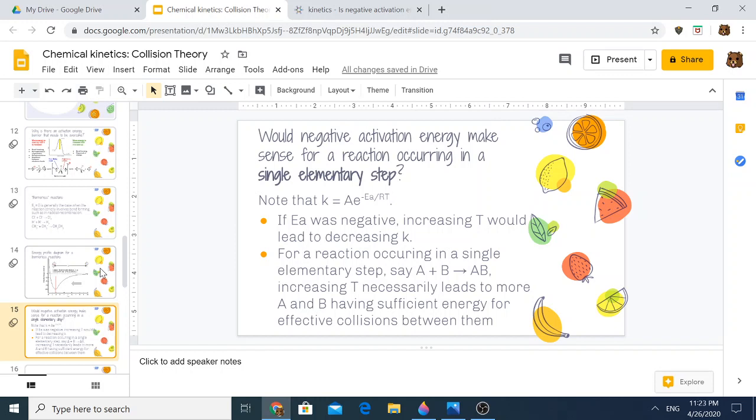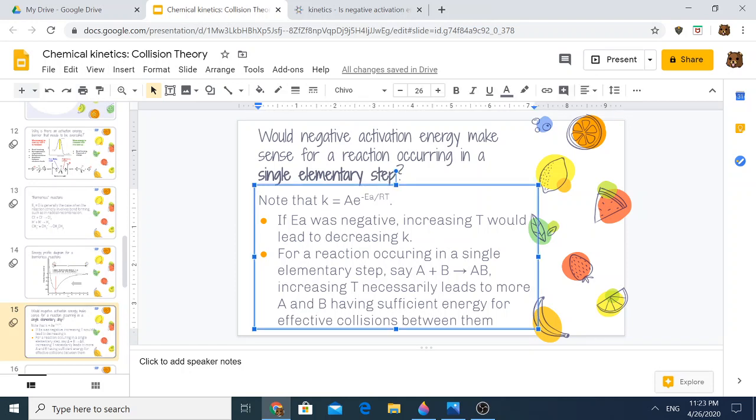So in that sense, elementary reactions can't really have negative activation energy. We can also consider this from a mathematical point of view by looking at the Arrhenius equation, which relates the rate constant to the temperature and the activation energy. If the activation energy were negative, then what happens?